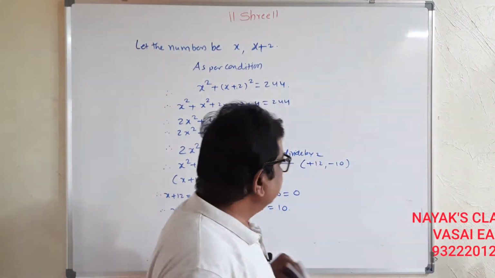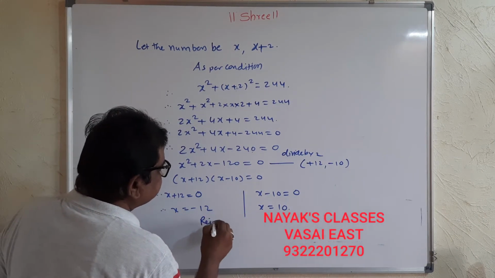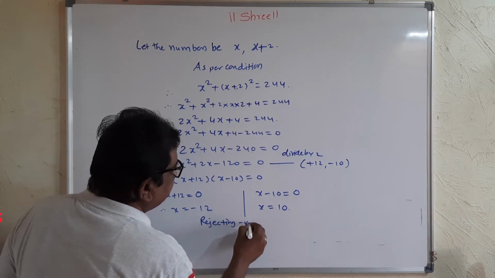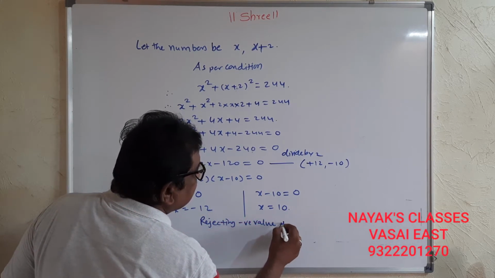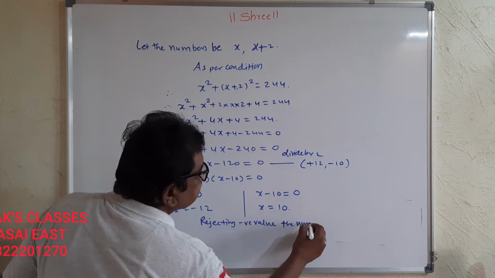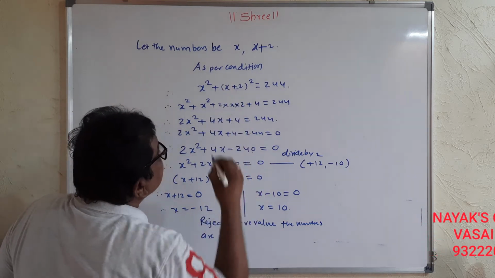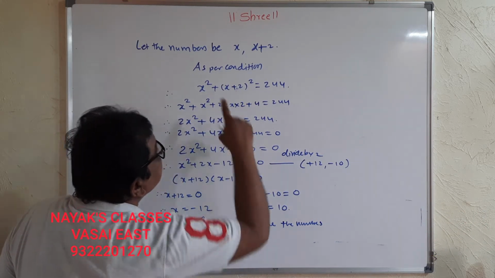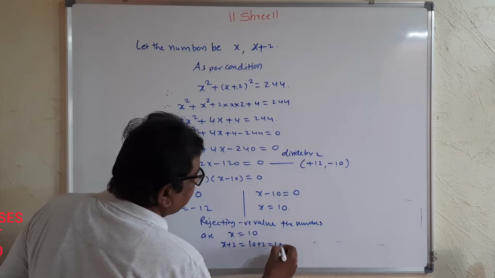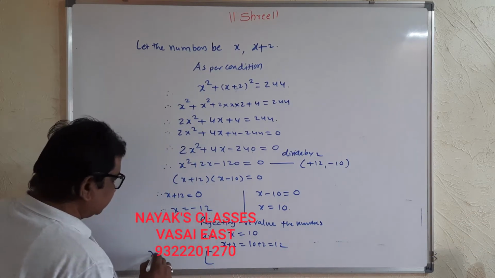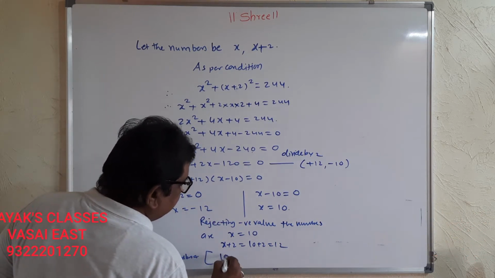Same way you have to write: rejecting negative value, the numbers are, first is x is equal to 10, and second is x plus 2, which is 10 plus 2 equal to 12. So the required numbers are 10 and 12.